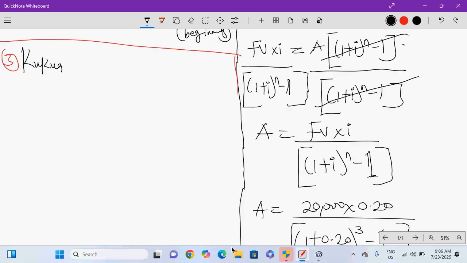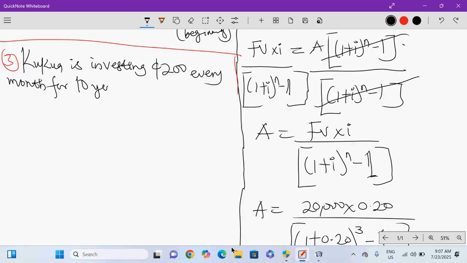Example 3 is: Kukwa is investing 200 cedis every month for 10 years, at a rate of 12%.